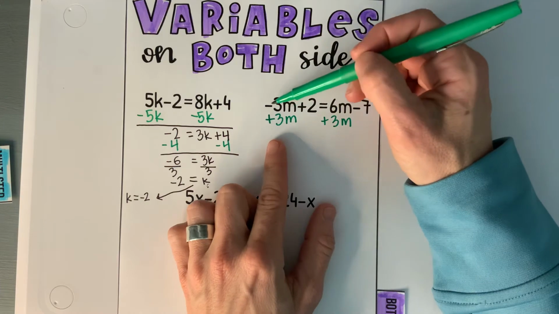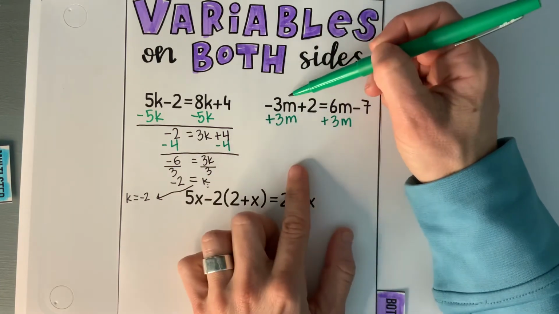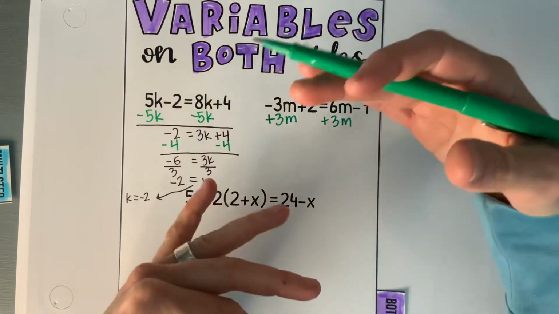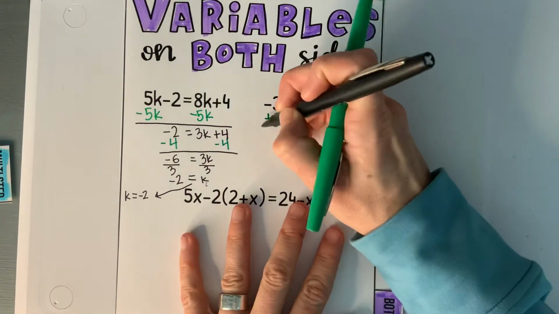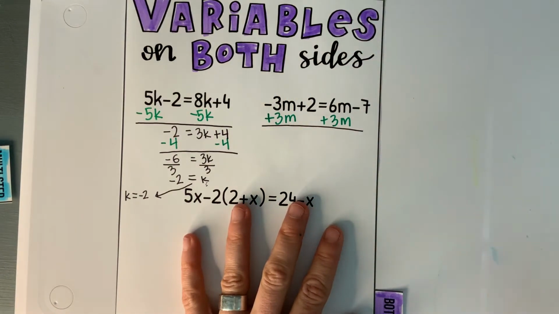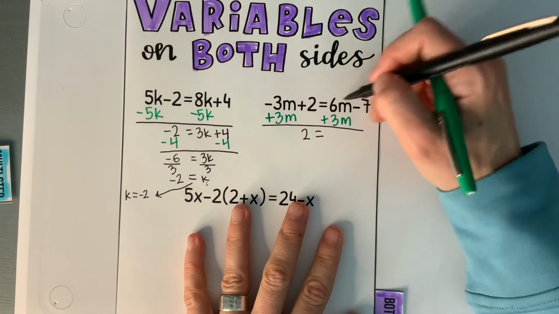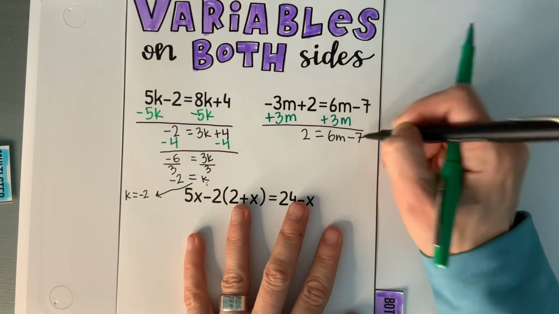Think of it like 3 little negative pawns. If you want to get rid of 3 negative pawns, you've got to put 3 positive pawns in their place, and then they cancel out like a zero pair. Okay, so those terms get eliminated. I'm going to bring down my plus 2, so that's 2 equals 6m plus 3m, that's 9m, and I bring down my minus 7.